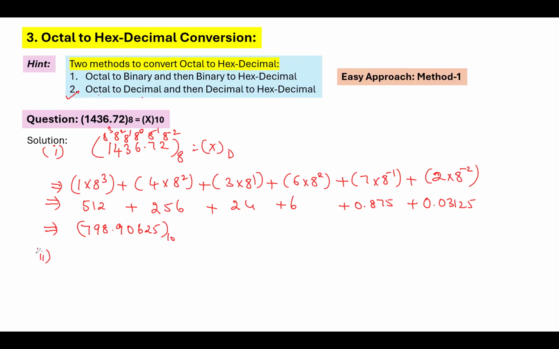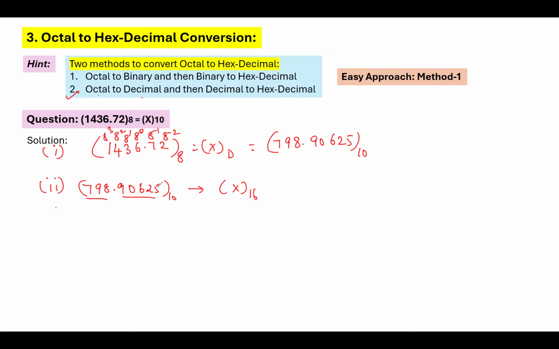The second part is to convert this decimal into hexadecimal. To convert this decimal into a hexadecimal number, we should divide the integer part by 16 and multiply the fractional part by 16. Now let us do the integer part, 798 by 16. 16 fours are 64. So 79 minus 64, the remainder is 15.